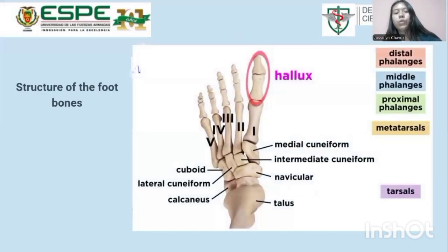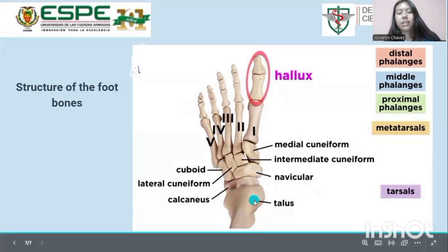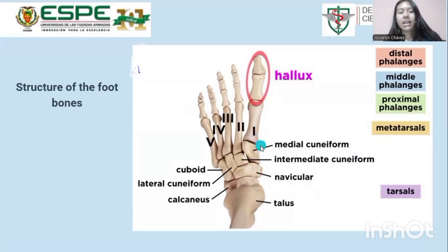Structure of the foot. We see the tarsus composed of 7 bones: cuboid, calcaneus, navicular, talus, and the medial, intermediate, and lateral cuneiform bones.